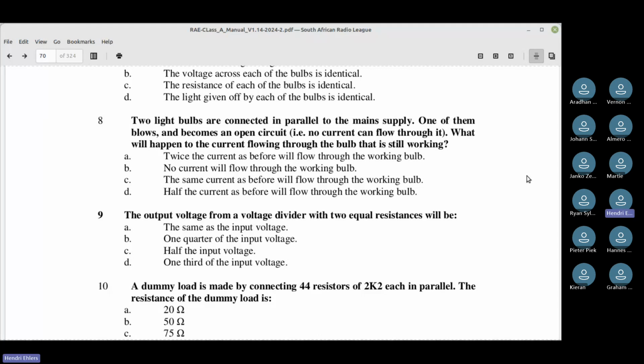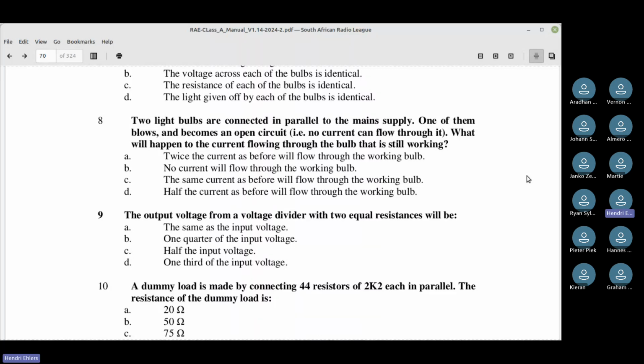It's just going to carry on like normal, and the current through the bulb will stay the same. However, the current in the total circuit is going to drop by whatever the other bulb drew. So in this case, they asked very specifically, what will happen to the bulb? Nothing. It's going to just carry on as normal because it's in parallel.